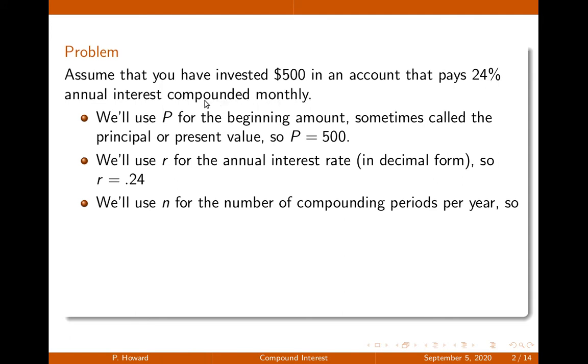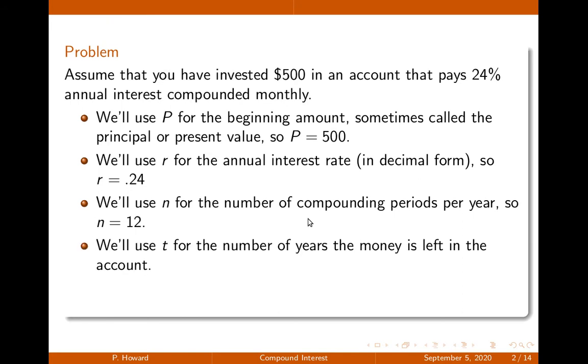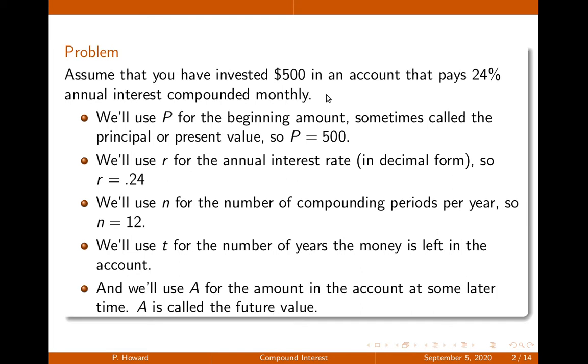In our example, we are compounding monthly, so that means interest will be compounded 12 times per year, so our lowercase n is 12. t will be the number of years the money is left in the account. That's not specified in this problem. And we will use A for the ending amount of the account, the amount at some later time. A is sometimes called the future value of the account.